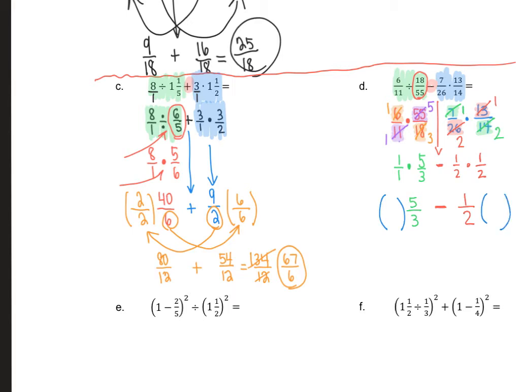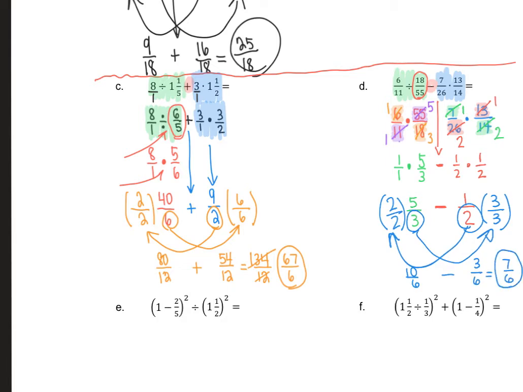Once you get to this, you could really go back and watch the video subtracting fractions 2, where you're just subtracting two fractions with an unlike denominator. We bring the 3 over, we bring the 2 over, 2 and a 2, bottom and top, 3 and a 3, bottom and top. We get 10 over 6 minus 3 over 6. And we end up with 7 over 6 cannot be simplified.